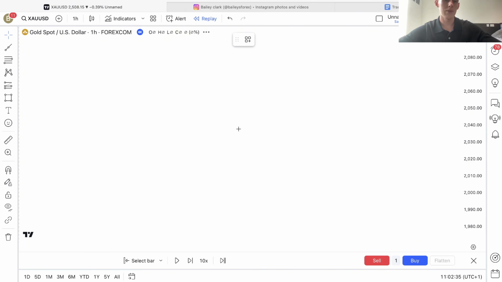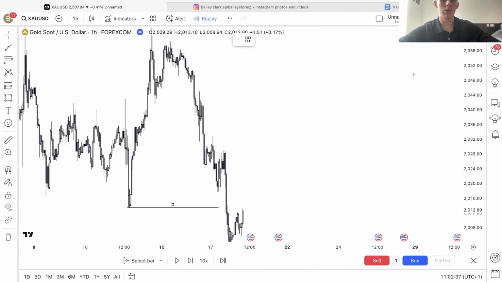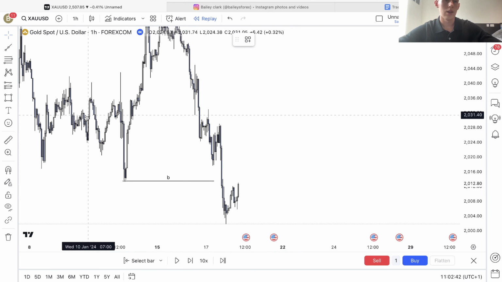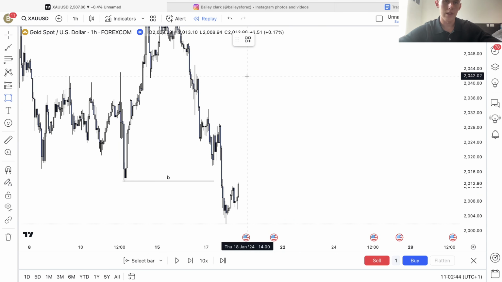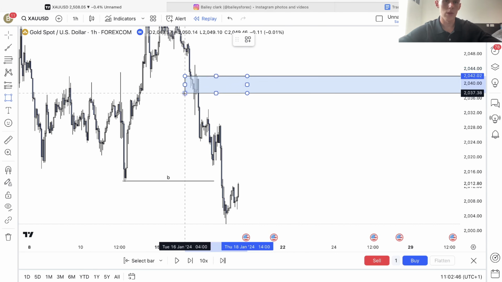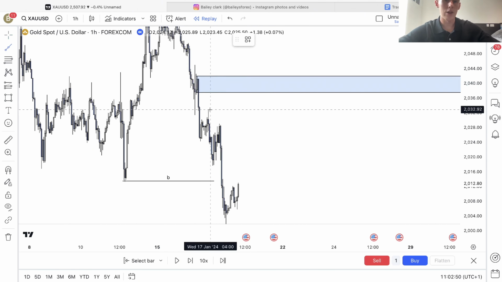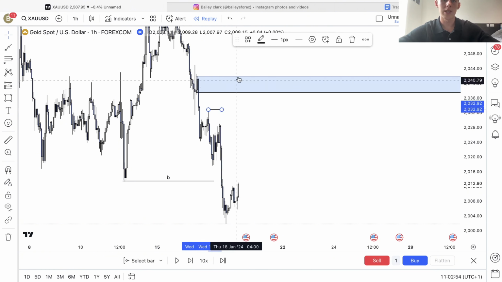Going over to the lower time frame, let's identify a valid point of interest. So what we can see is that we have this hourly level of supply, and what do we have below it? We have an area of liquidity in the form of this high.